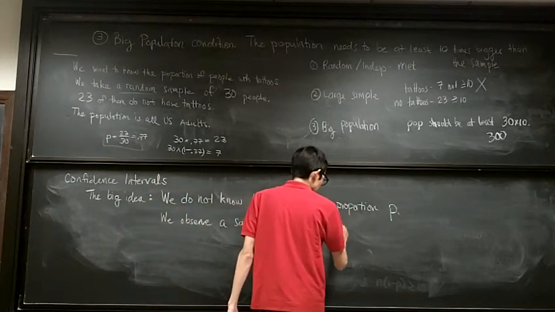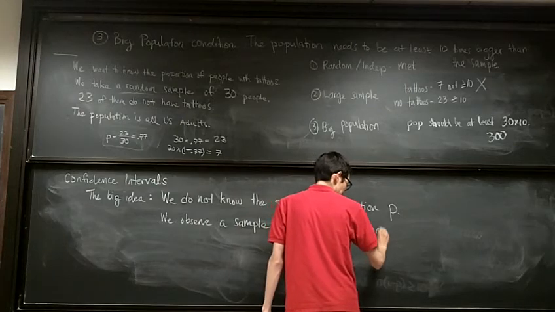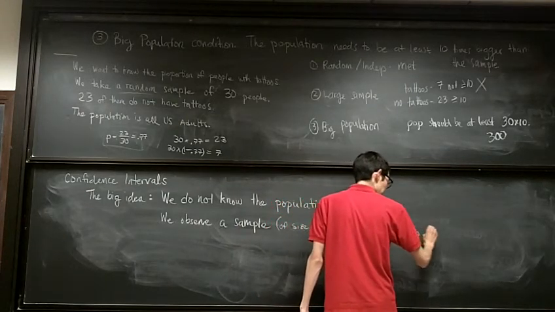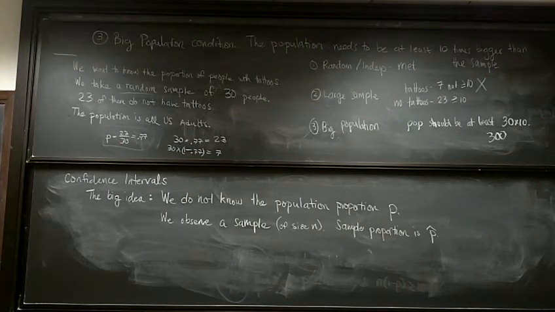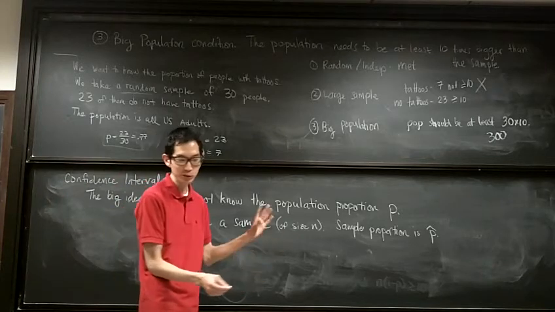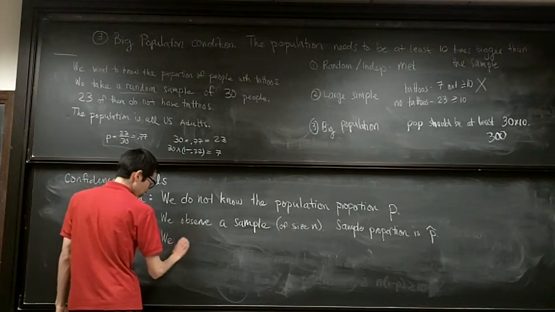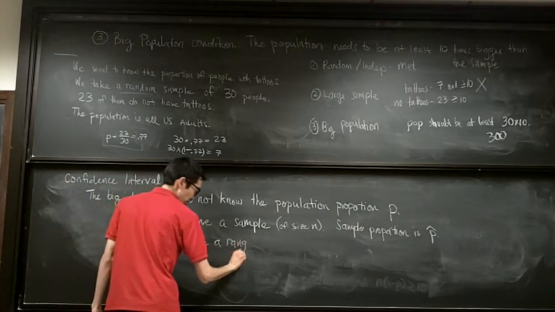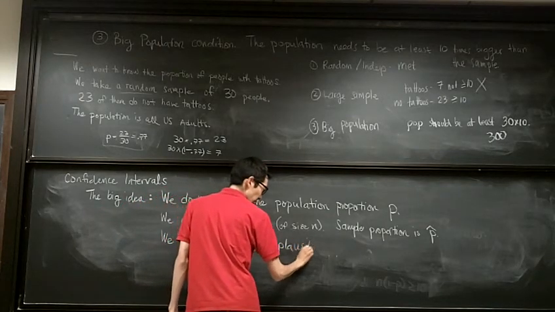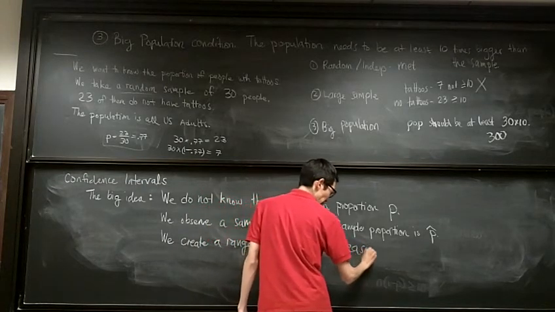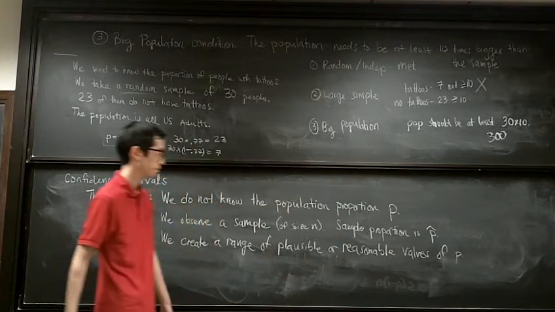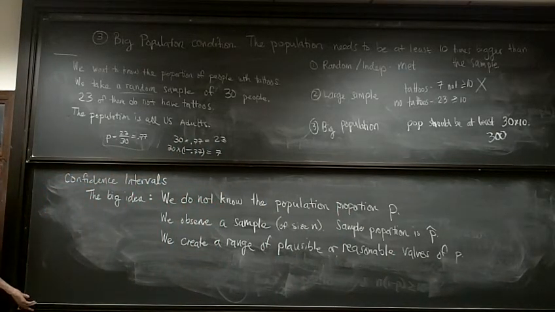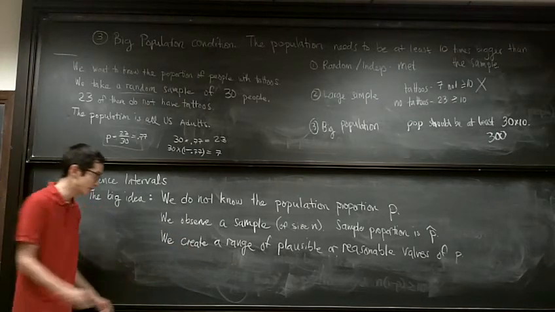The sample proportion is p hat. So we're going to create a range of what we consider plausible or reasonable values of p. This range is our confidence interval.